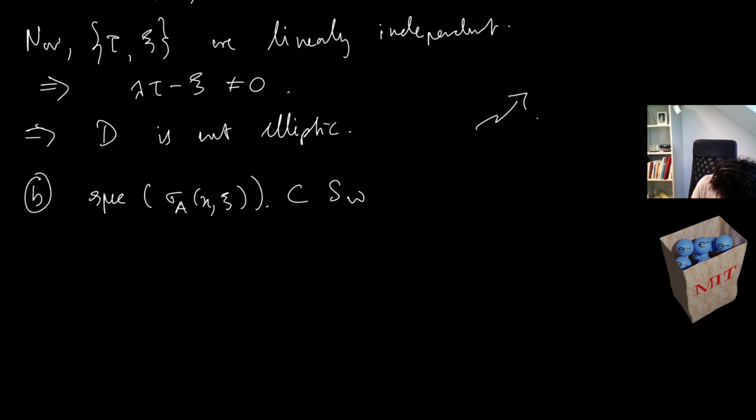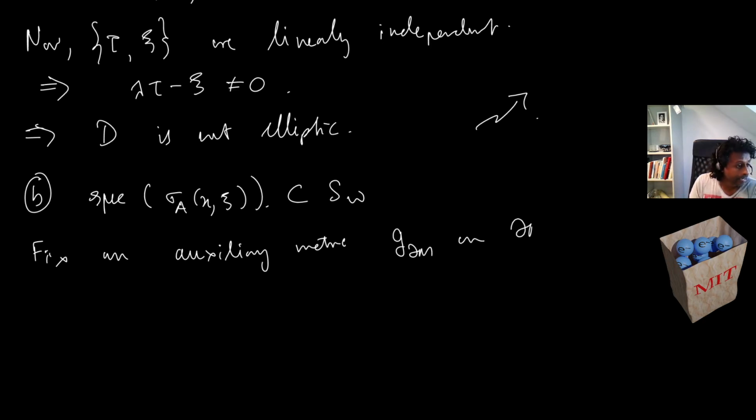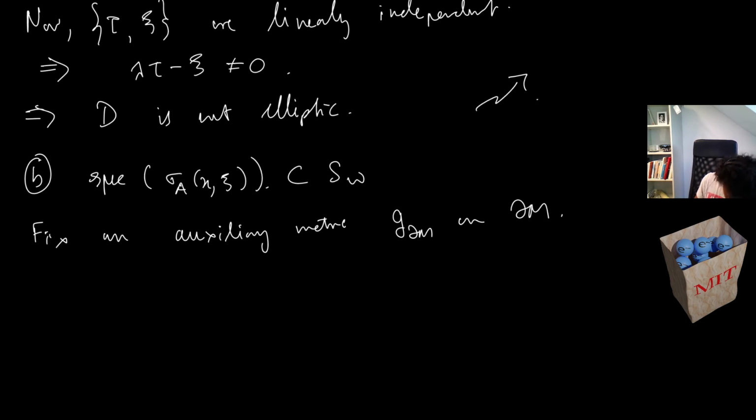So for this, fix an auxiliary metric g on the boundary, so this is a smooth map.